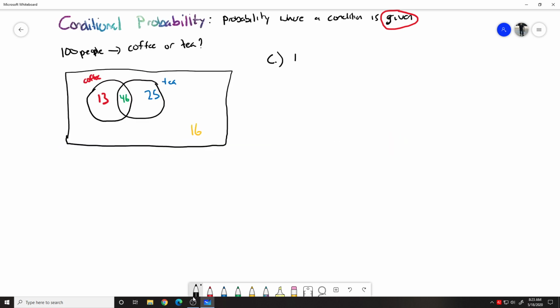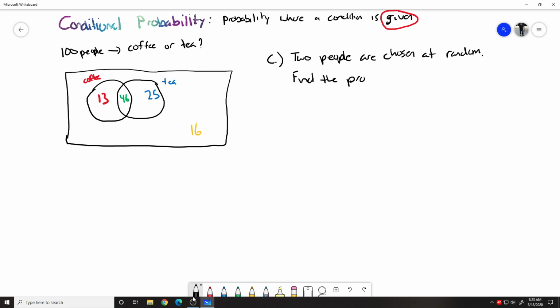So in this question, we're going to tell you that two people are chosen at random. So it's already a little bit different, because now it's telling us that we're not just picking one person, we're picking two people at random.